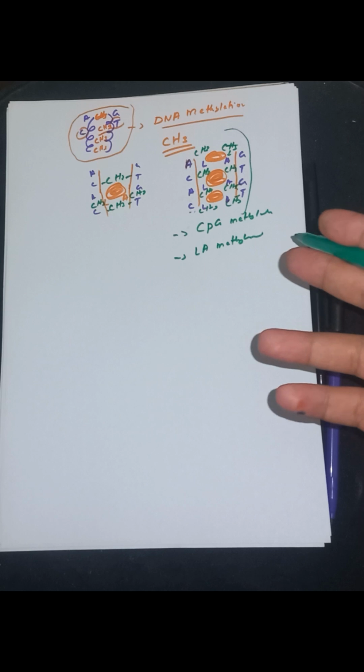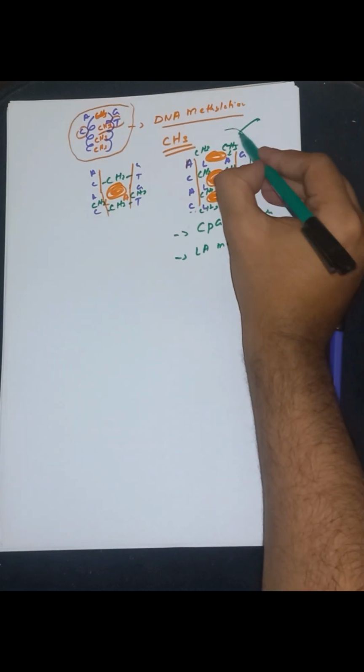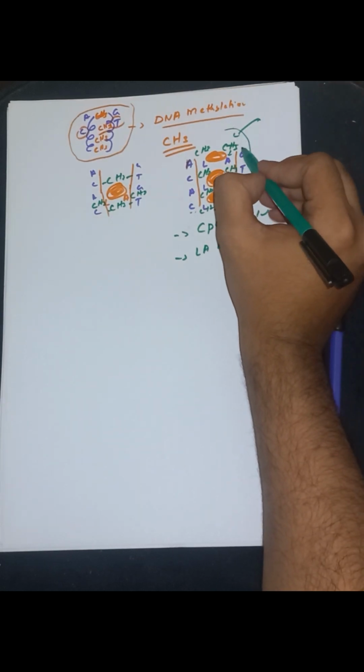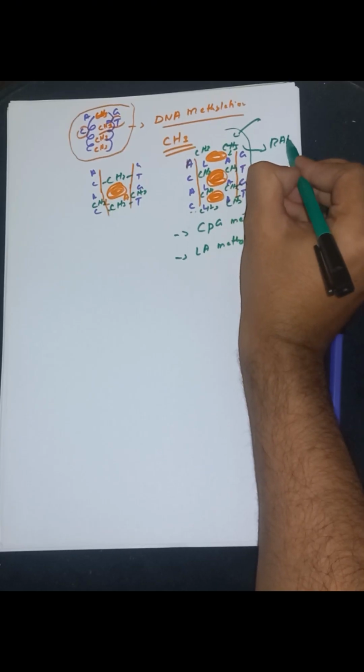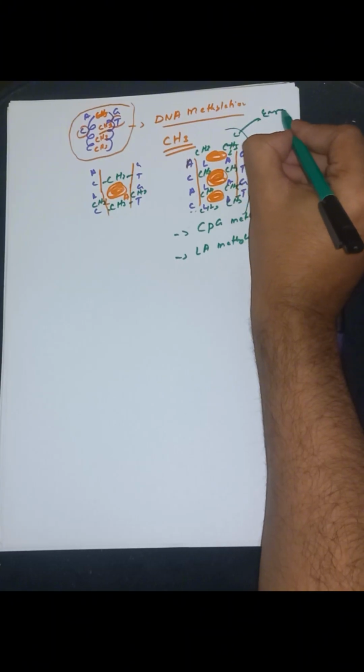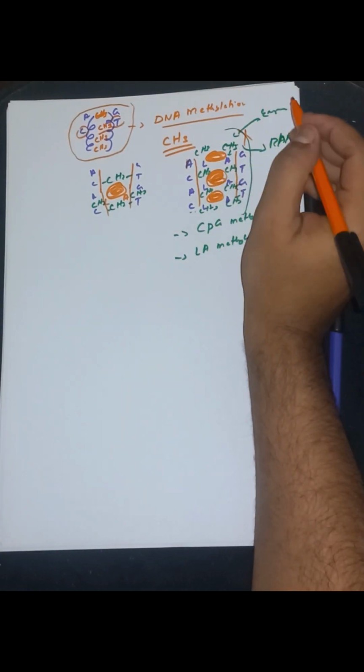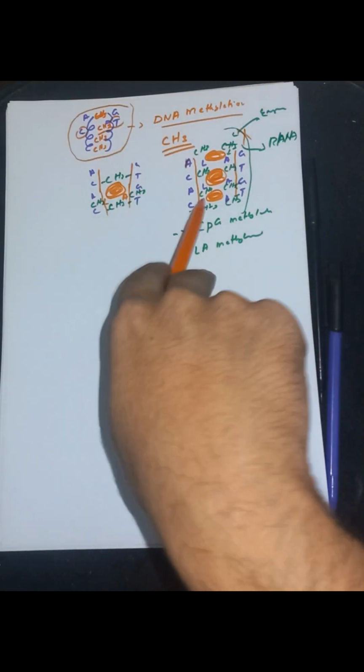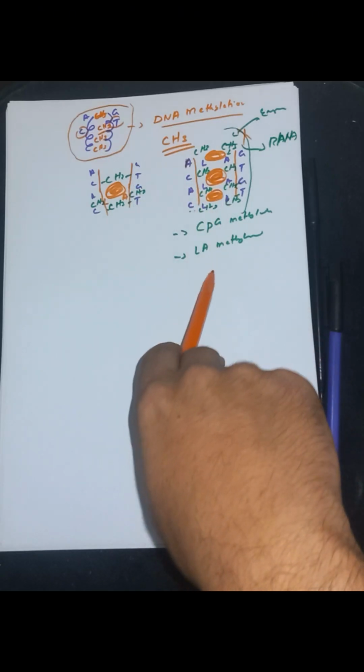So when it is becoming hugely condensed, what will happen? No enzyme can come here and work here to make RNA. No RNA will be made because no enzyme can work here. It will not be possible. So this DNA or this chromatin will become transcriptionally inactive, and it will be called heterochromatin.